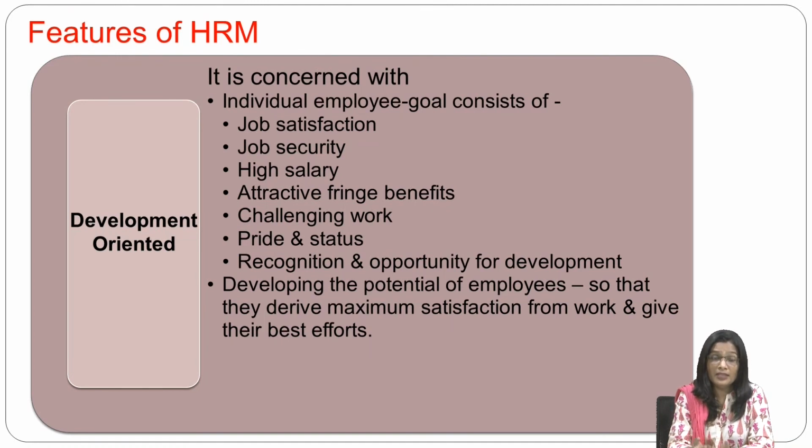So we as HR are providing them the opportunities to achieve all these individual goals. So developing the potential of employees is the aim of the organization, so that they derive maximum satisfaction from the work and give their best efforts. So this is what HR strives for. HR is ready to support the employees to give their best efforts so that the goals are achieved.